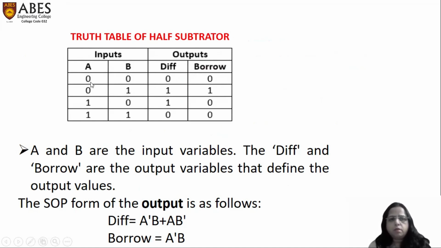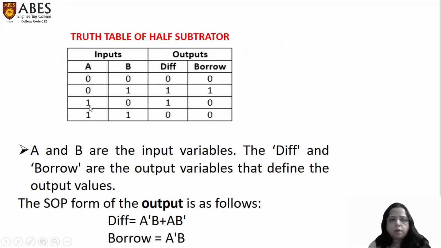For the inputs 0 minus 0, the difference would be 0, and therefore the borrow will also be 0. If we do 0 minus 1, we have to take a borrow. As we cannot subtract 1 from 0, since we have to take the borrow, the borrow is 1, and 10 minus 1 gives us 1. Therefore, the difference will also be 1.